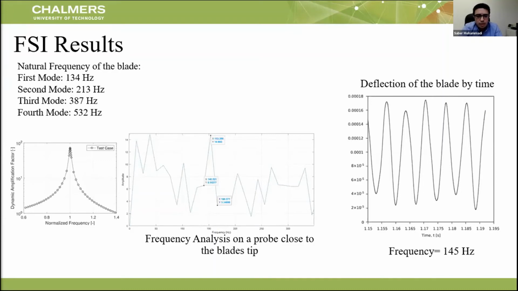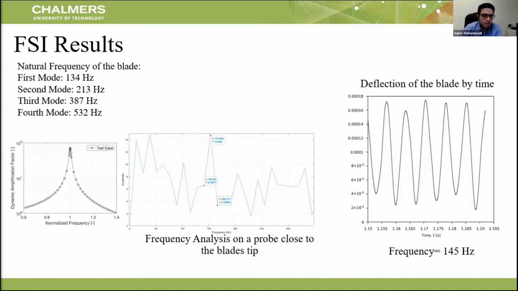It is observable that in both pictures, underneath the picture of the deformation, we have a 145 hertz frequency for the deflection of our solid geometry, and we have a shedding frequency of 143 hertz in our fluid part, which can be a sign of locking since both of these frequencies are close. But these frequencies are about 10% higher than the blade's first natural frequency.